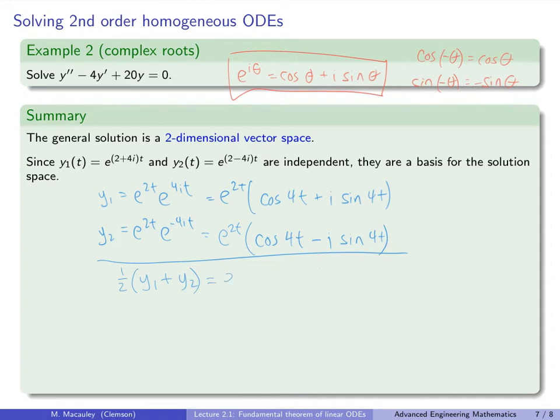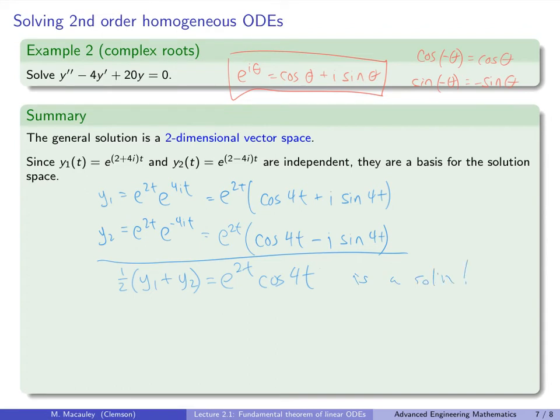And now we get e to the 2t times cosine of 4t. So this is a solution. Why is it a solution? Because we expressed it as a linear combination of our basis elements, and vector spaces are closed under linear combinations.